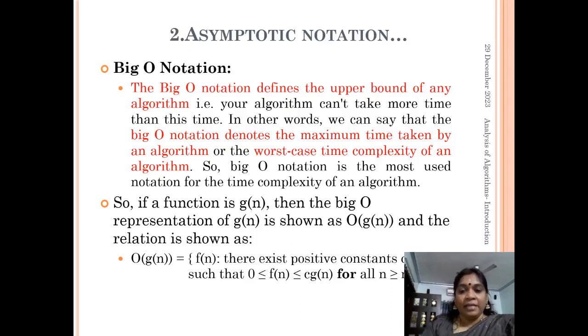Then the next point is how to write this representation. For that, we have to compare our algorithm g(n) with the existing algorithm f(n). Already I told you this is the upper bound of an algorithm, so our function g(n) is always greater than or equal to f(n). See the graph.